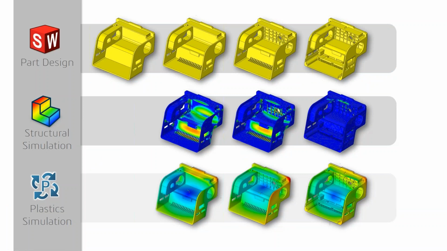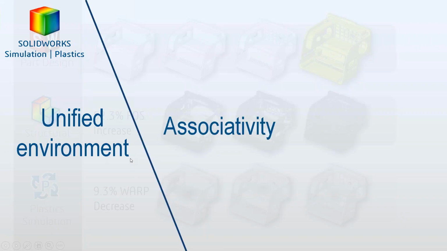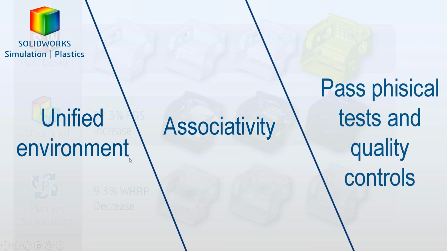With the many virtual tests they ran, in both structural simulation and plastics, they could achieve the optimal design, with a 52% increase in factor of safety and a 9.3% decrease in the warpage of the plastic part. So they basically researched and developed a full part in a unified environment with full associativity between the analysis and the model. And of course, at the end, they passed the physical test and the quality controls.